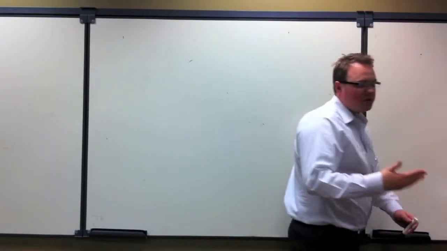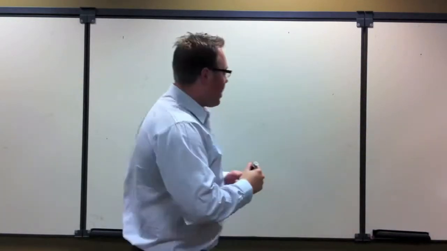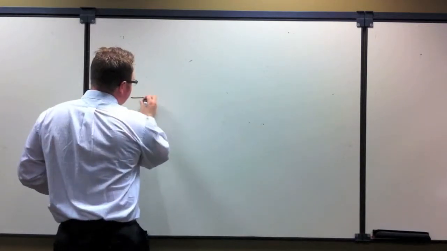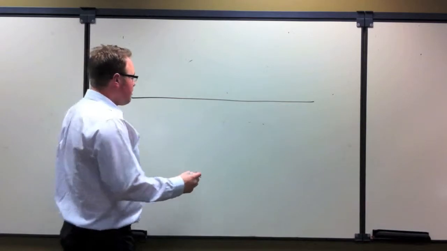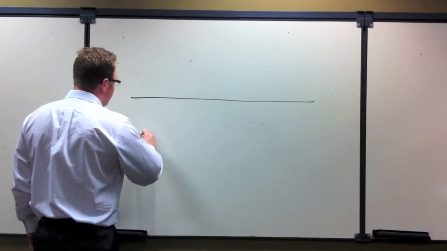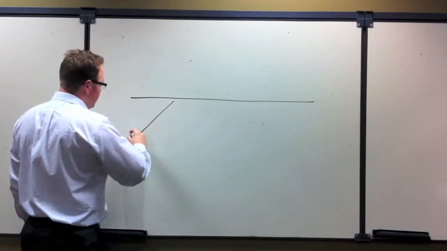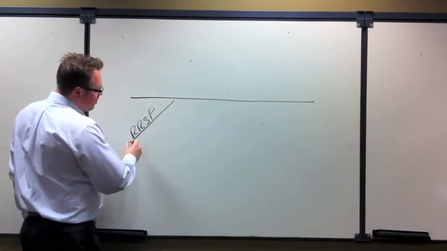The other part of universal life that's really unique is this: we're going to call this line your retirement. That's what this line is going to represent. Now, basically, all money that you save, for example, you save money and you accumulate it. Let's take, for example, RRSPs. You save and save and save.